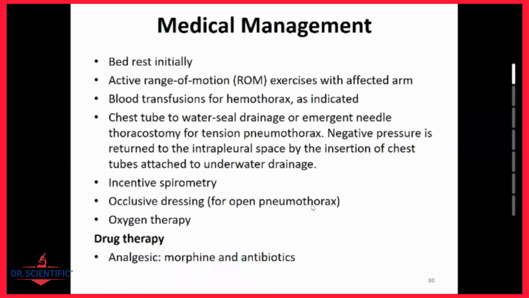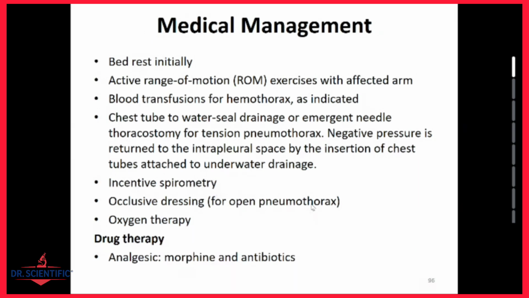Occlusive dressing for open pneumothorax, so that's going to prevent outside air getting into the pleural space. We have oxygen therapy, in cases where the patient's oxygen saturation levels are going down or the patient is presenting with cyanosis.